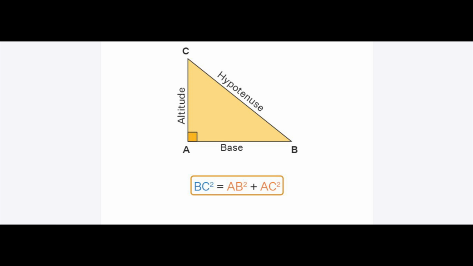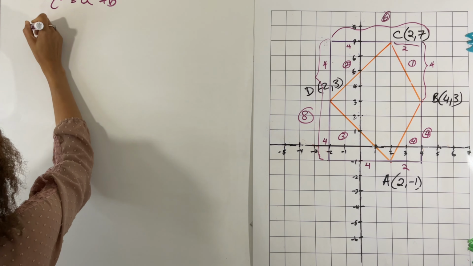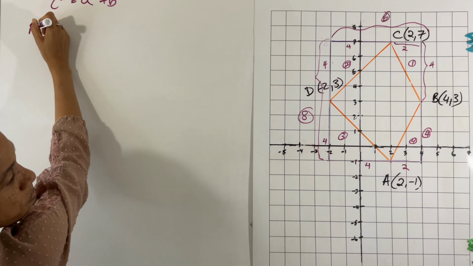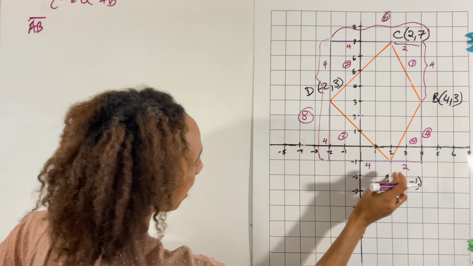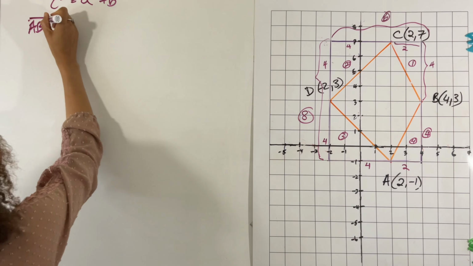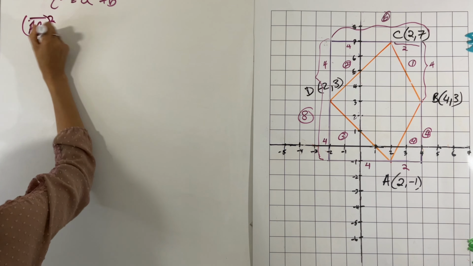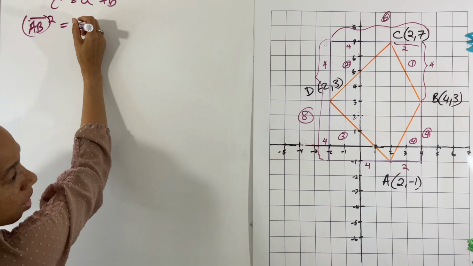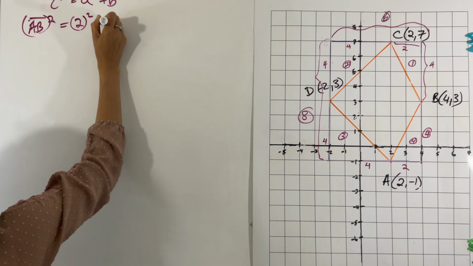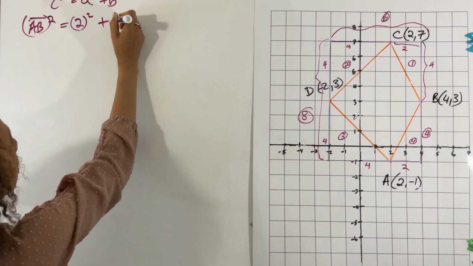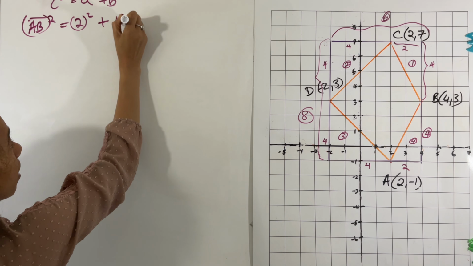So we know that the formula that we're going to use is c squared equals a squared plus b squared. So we have segment AB, which is our hypotenuse there, because you should know by now this is the hypotenuse and these are the two legs. So that square is going to be 2 to the second power plus 4 to the second power.